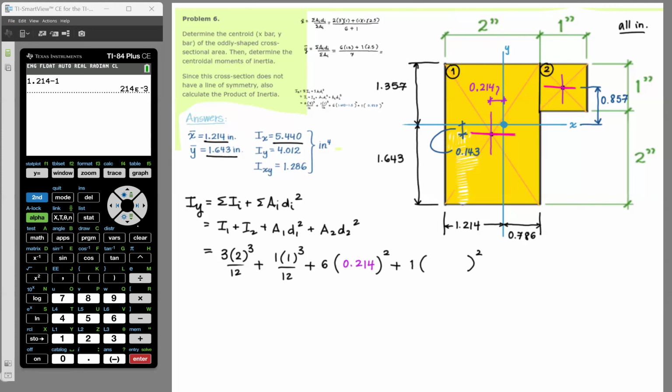On to shape 2. Now I need this distance from the parallel axis to the axis I'm interested in, which is y. And I'm going to take 0.786. And to that, I'm going to add this distance, which is half of 1. 1.286.